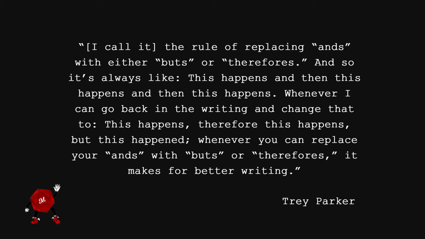So it's always like, this happens, then this happens, and then this happens. Whenever I can go back in the writing and change that to, this happens, therefore this happens, but this happens. Whenever you can replace your ands with buts or therefores, it makes for better writing.